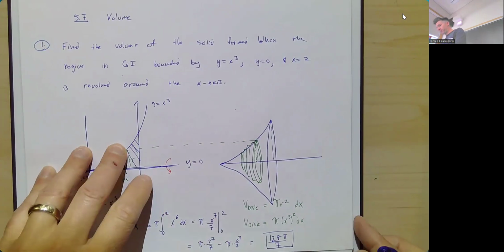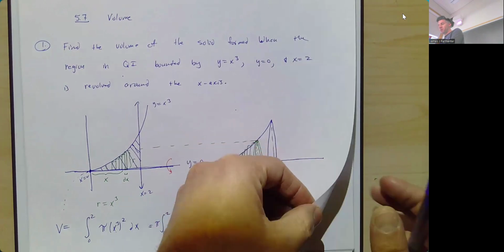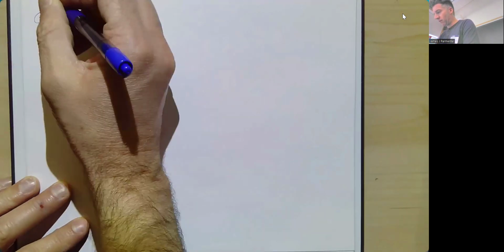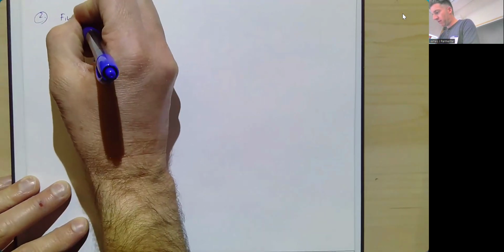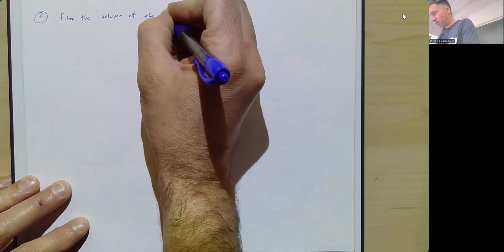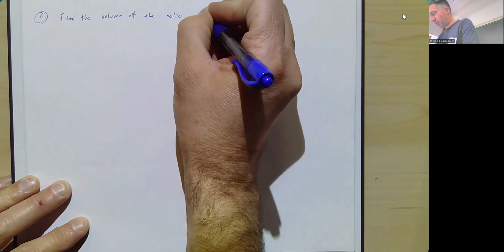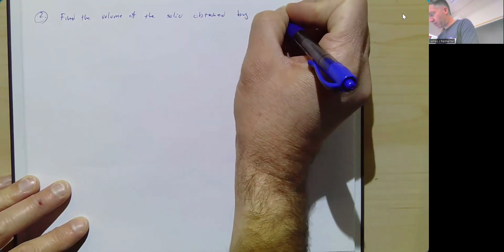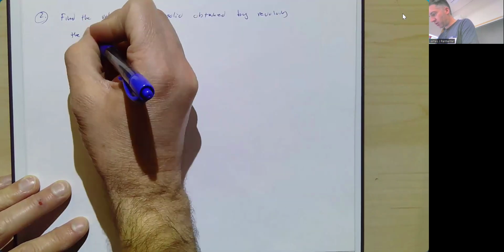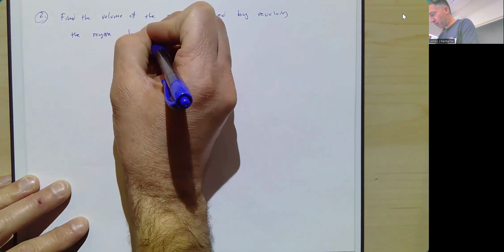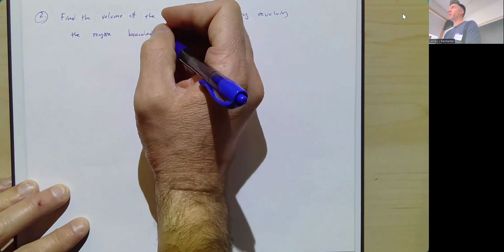Let's do a different problem. Let's say now, again, writing these problems out is half the battle here. We want to find the volume of the solid obtained by revolving the region bounded by, what do I like here?